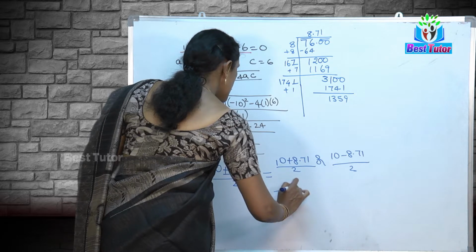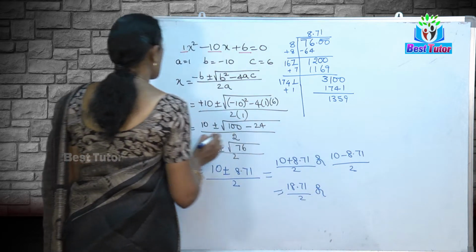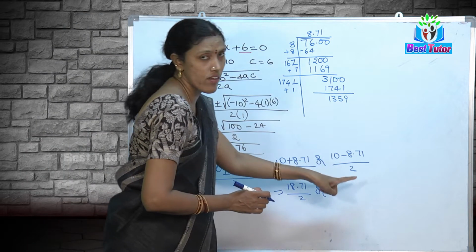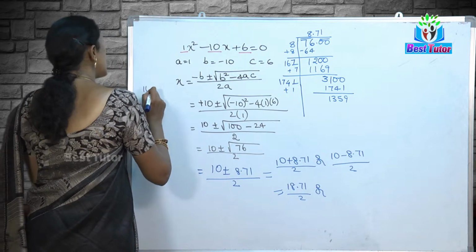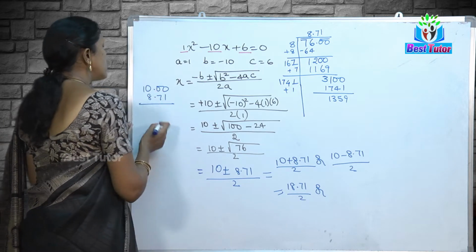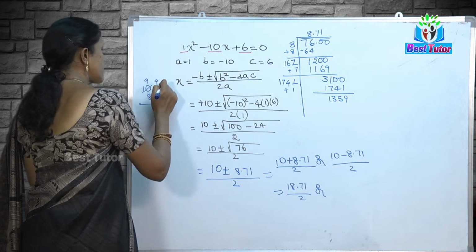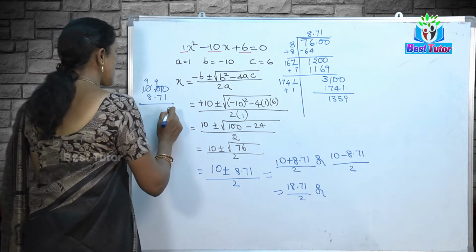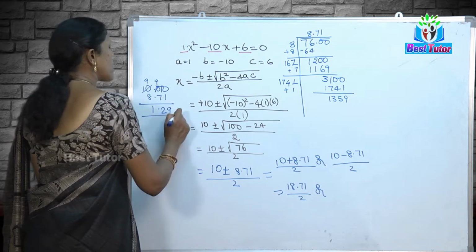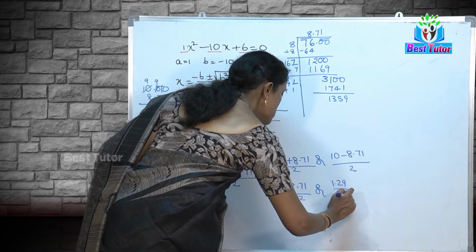It's going to be 18.71 by 2, or 10 minus 8.71. Please don't write it as 2.71. We need to be careful here. 10.00 minus 8.71. We need to be subtracting it properly. This is the procedure, if you remember, of subtraction of decimals. 9, 2 and 1, 1.29. Okay, so it's going to be 1.29 by 2.